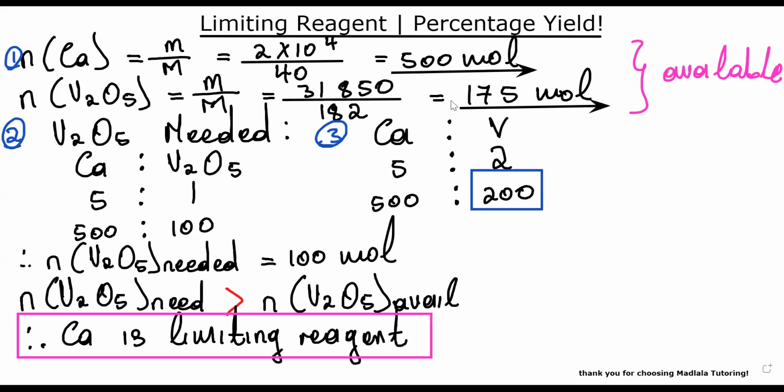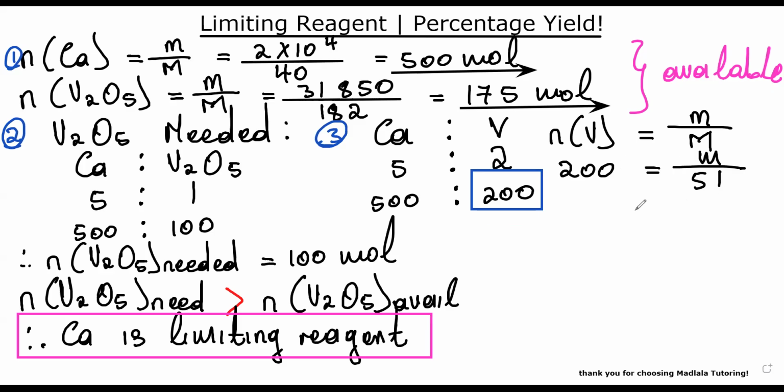But now we need to find the mass of vanadium that is being produced. So now we say the number of moles of vanadium will be equal to the mass divided by the molar mass. So 200 is equal to the mass over the molar mass of vanadium, which is 51.